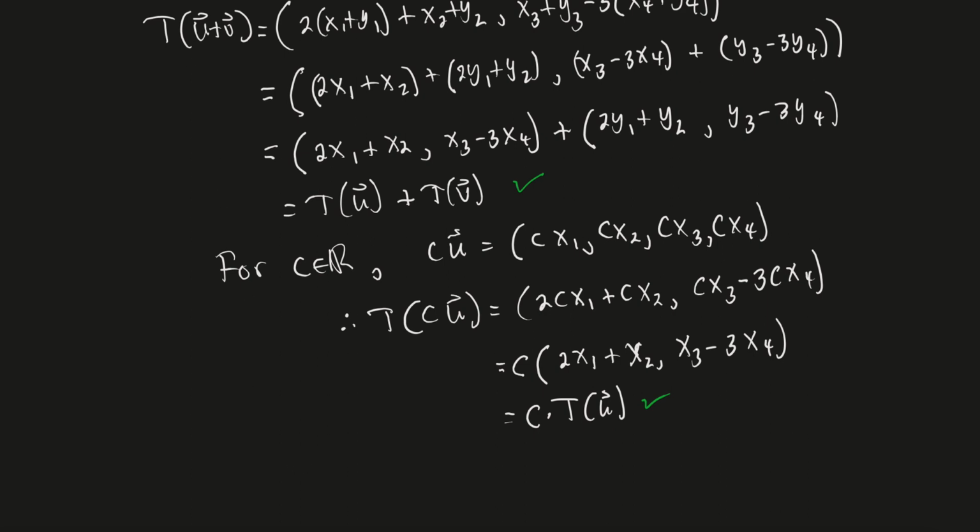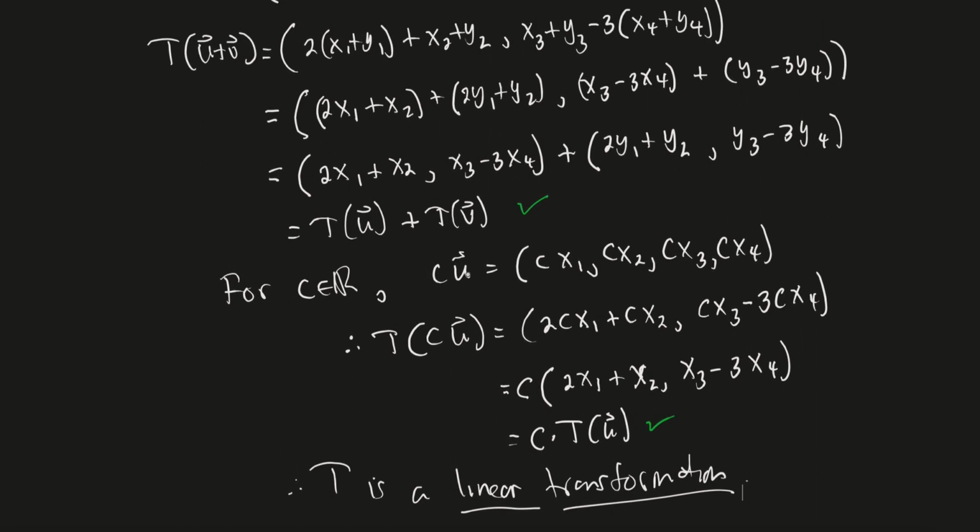So therefore, T is a linear transformation. All right? Good. So again, it might not be the most efficient way, but that's the way we prove it, because it's based solely on the definition.